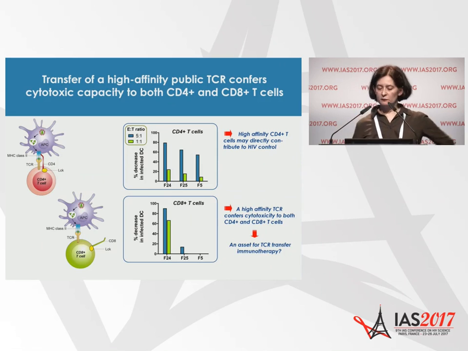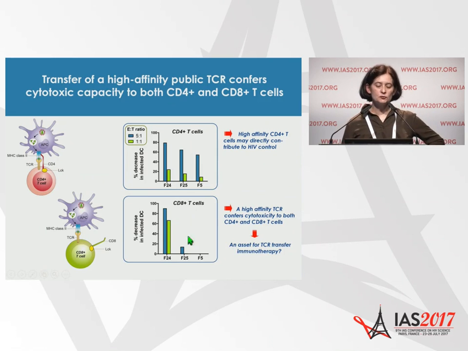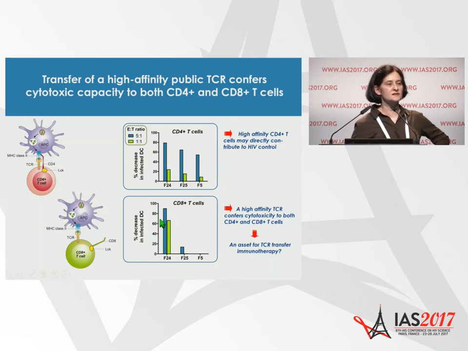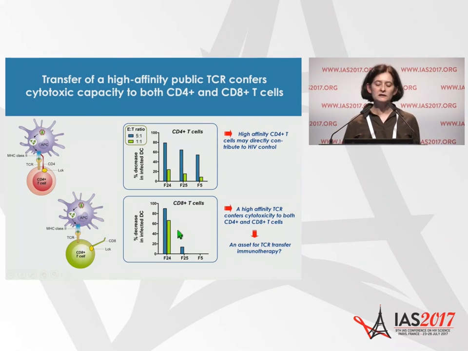And what was interesting was that when we transduced the TCRs in CD8 T cells, we could also see cytotoxicity, but in that case, the affinity threshold was higher, and only the very high affinity TCR did confer this property.